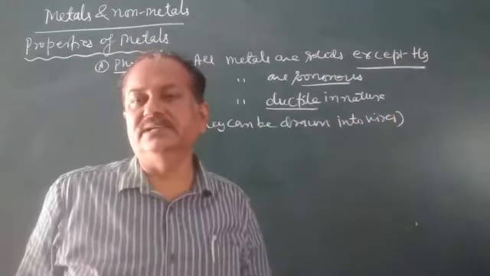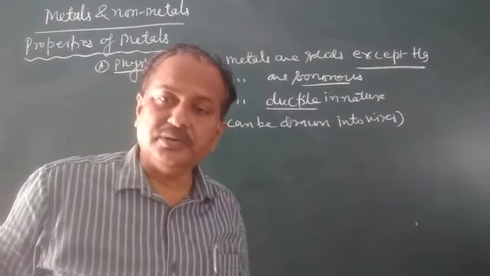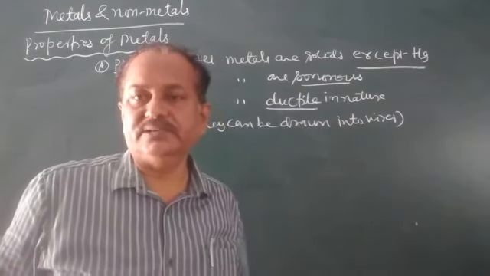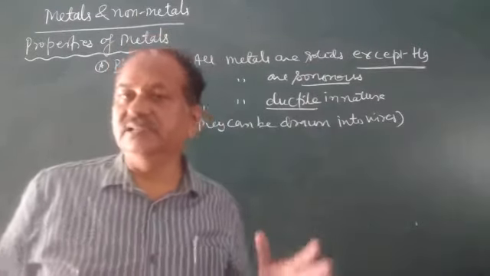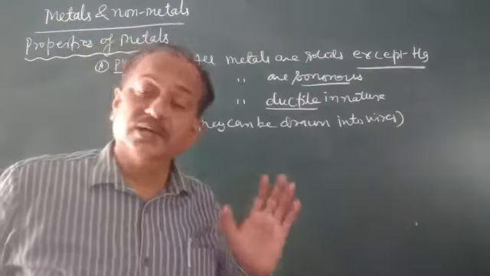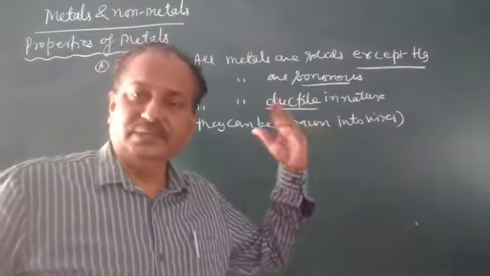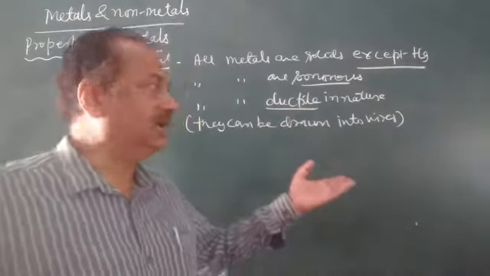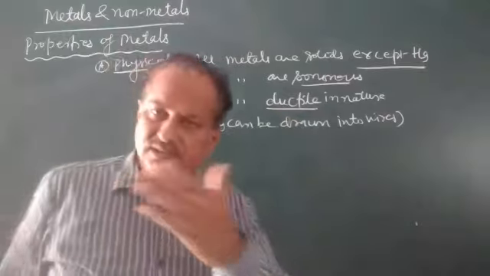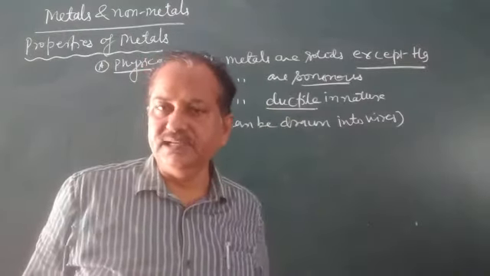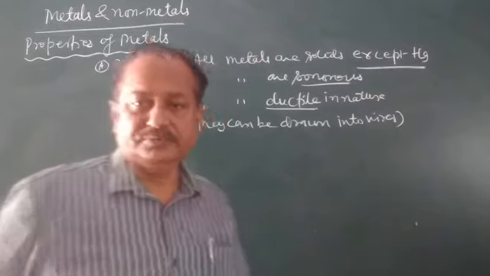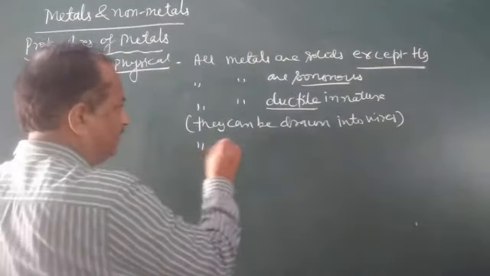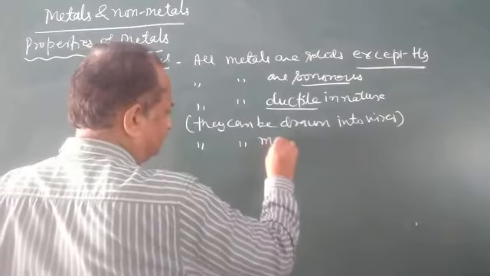The property of metals due to which they can be drawn into wires is called ductility. But all metals are not equally malleable, equally ductile or equally sonorous. The degree differs from metal to metal and it is the inherent property. Inherent means the inbuilt property of the metal. Next is metals are malleable.